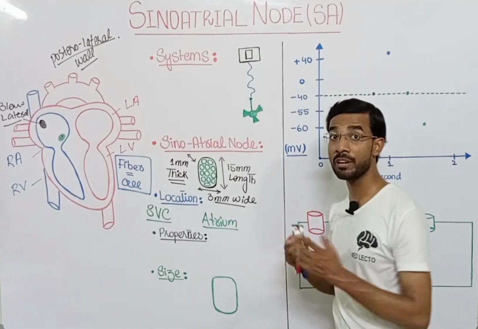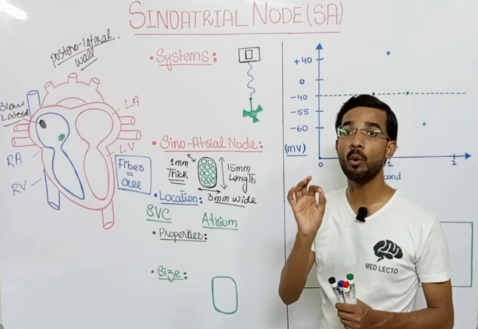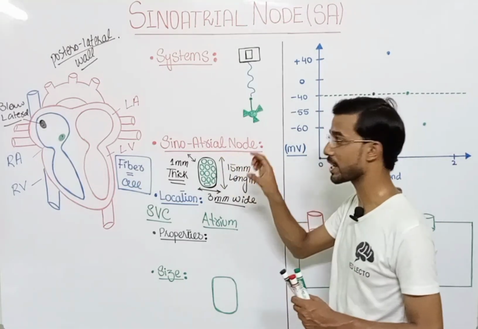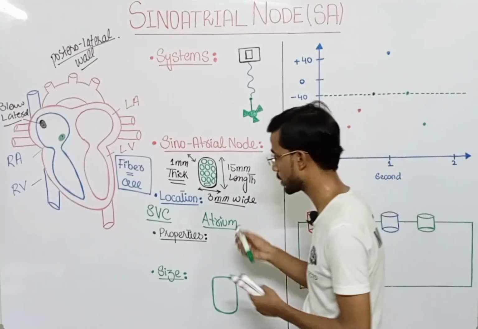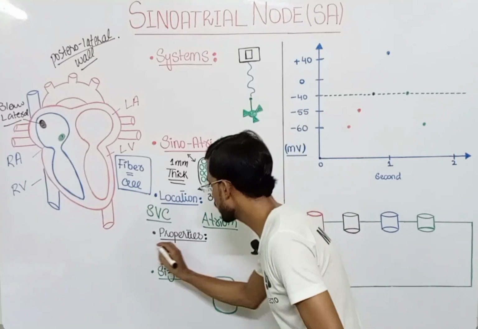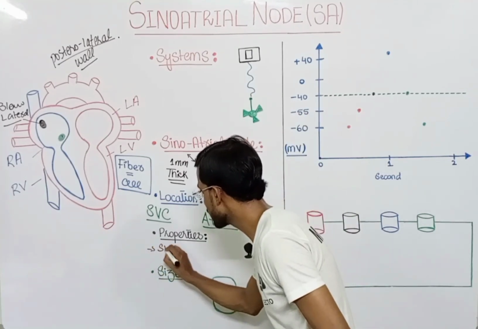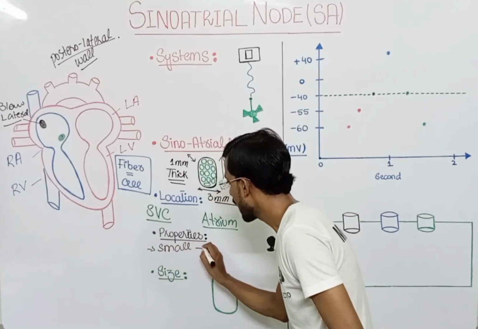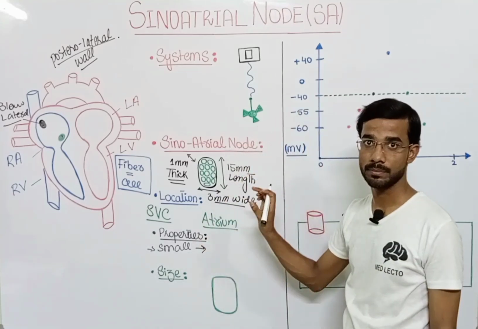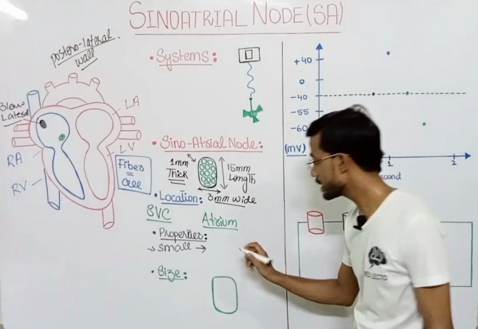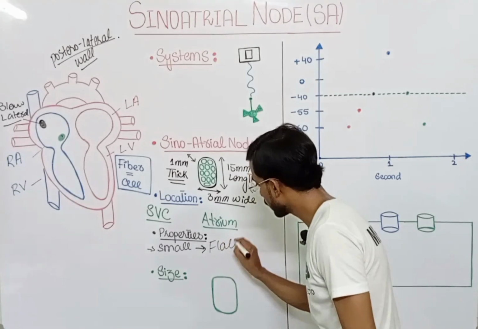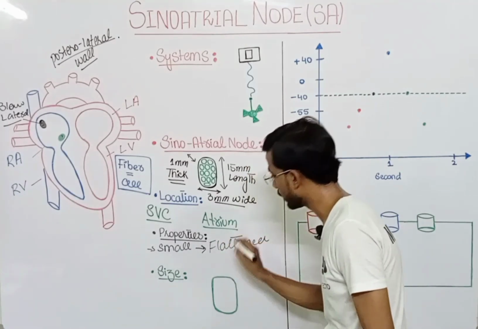If we discuss the different properties, it is actually small in size. Okay, that's very much important. And it is actually flat. It's not round, it is flattened.